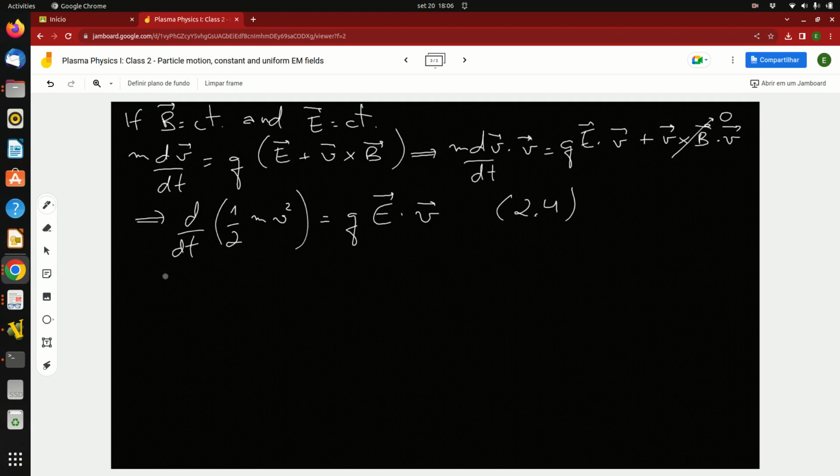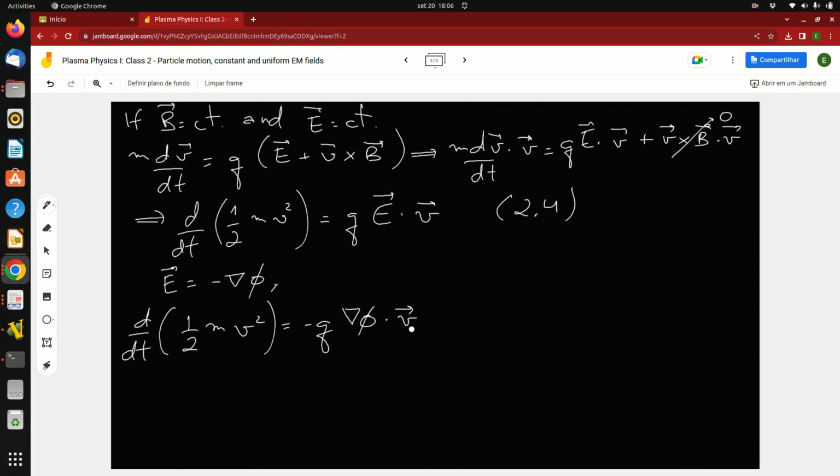If you use the electric field equal to minus the gradient of the potential, electrostatic potential, then you can write this equation as d/dt of 1/2 mv square equals minus q, the gradient of phi, dot v. So I just change this here. And well, this is v.